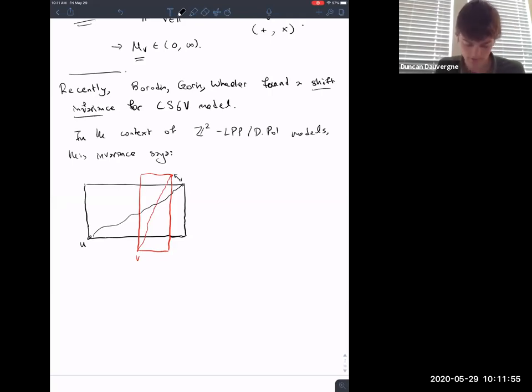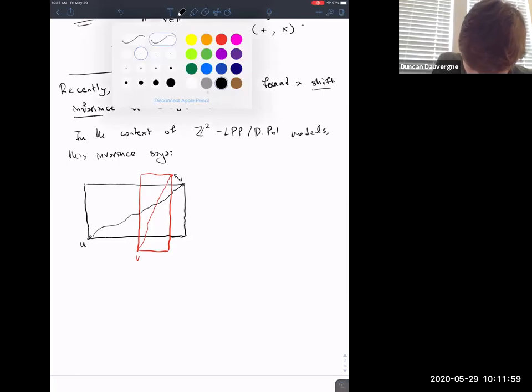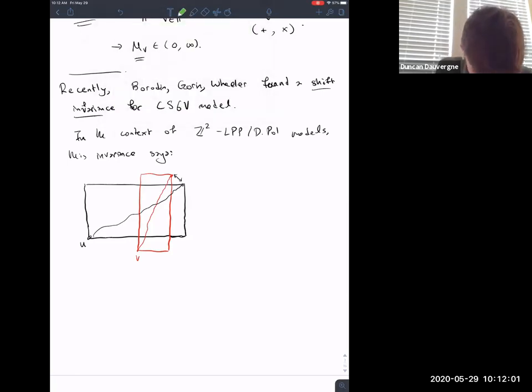These two endpoints could coincide. And then let me draw another box W, which is just going to be V shifted horizontally.